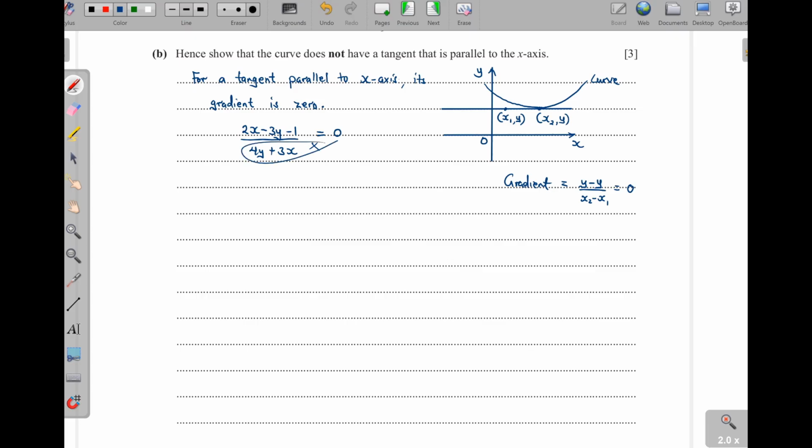Of course, this one is going to go with a 0. Then you can take this one to this side, and we shall have 2x equal to 3y plus 1. And to make x the subject, x will therefore be equal to 3y plus 1 out of 2.